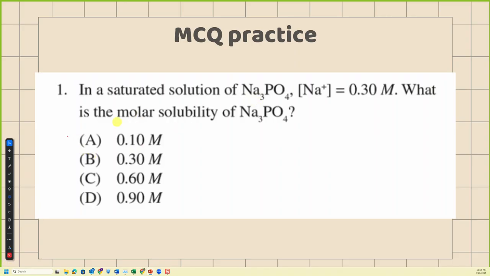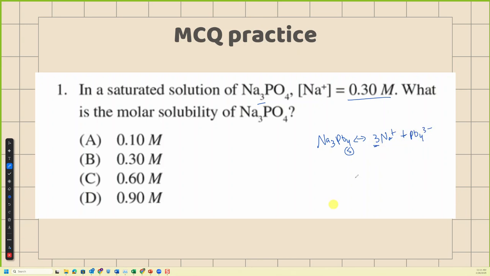Okay, so we have 3 sodiums in our compound. The concentration of the sodium is 0.3. If you're thinking about molar solubility, when you dissolve this solid, you get 3 sodium ions for every 1 phosphate, like so.